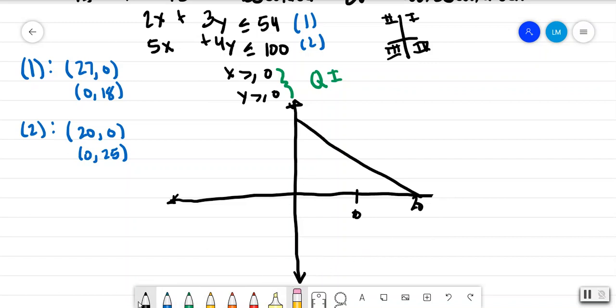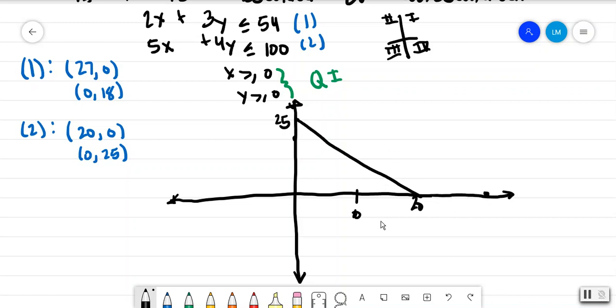Let's just extend this a little bit. So this is 0, 25, and then we need 18, so maybe like right about here.